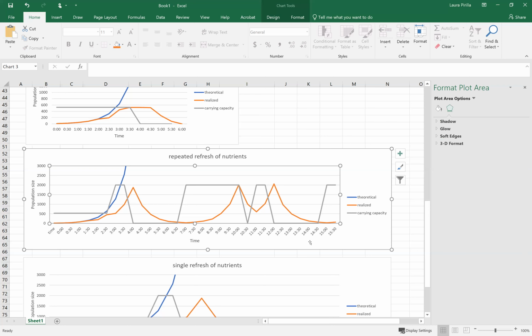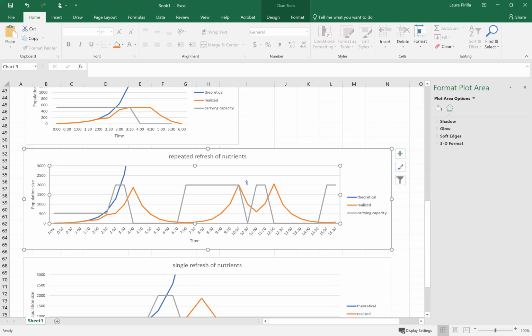In a closed system, however, nutrition can go from supporting a large group to supporting none instantly. When you run out of resources, they're just gone in a closed environment.